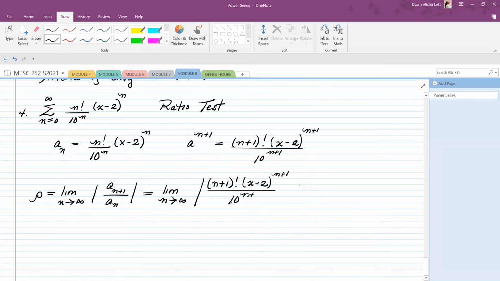Divide by a_n, which gives me 10 to the n over n factorial times x minus 2 to the n. Yep, that's right.